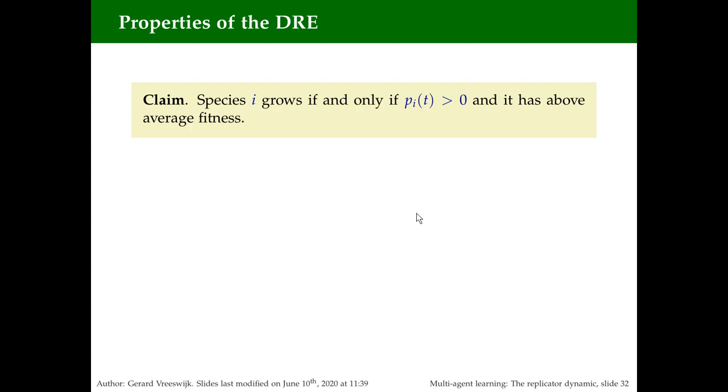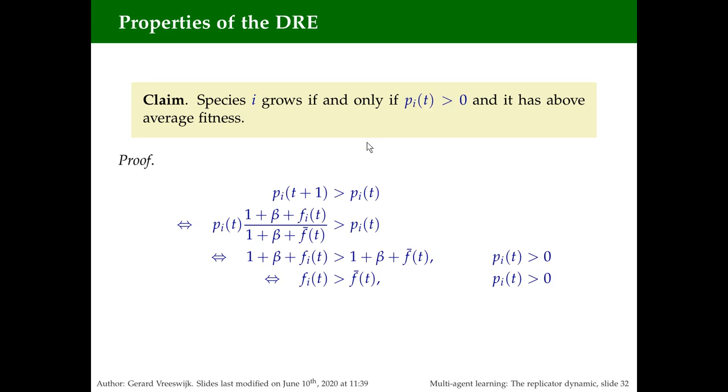Now another simple claim is that species i grows if and only if its proportion is non-zero, of course, and it has above average fitness. We already intuitively saw that, but now you can derive it with the discrete replicator equation. If it grows, then this is the case. We just apply the definition of the discrete replicator equation. Divide by this one because it is positive.